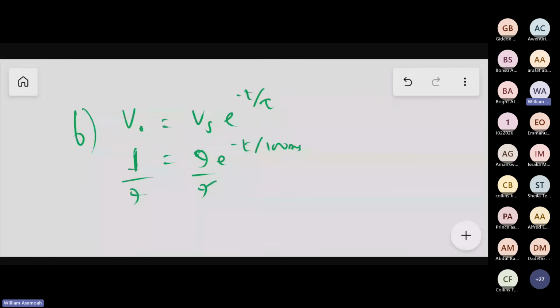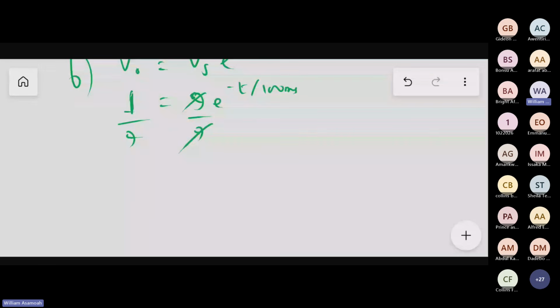So in this part, V out is equal to Vs e to the negative t over tau. Is that right? And we want to find t. V out here will be 1, Vs is 9, so e to the negative t over 100, with 100 ms, so whatever value we get will be in ms. Then we divide through by 9 and take ln on both sides.